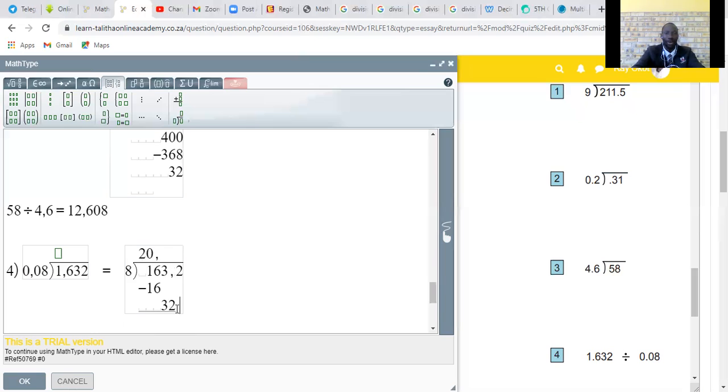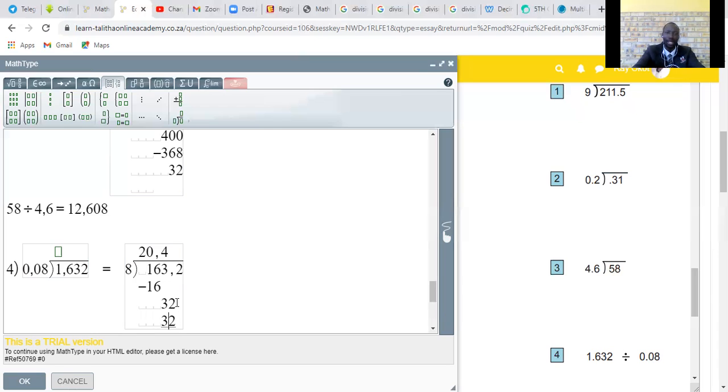Now we check. Can 32 be divided by 8? Yes. How many times will 8 go into 32? It will go 4 times. 4 times 8 is 32.